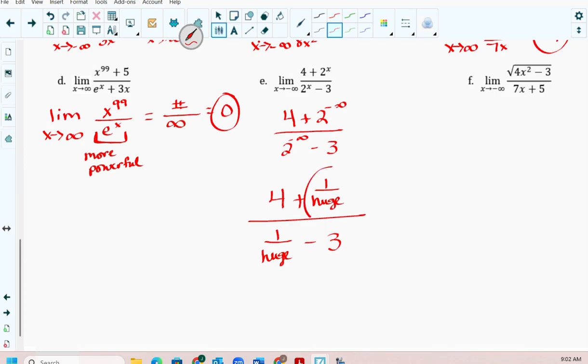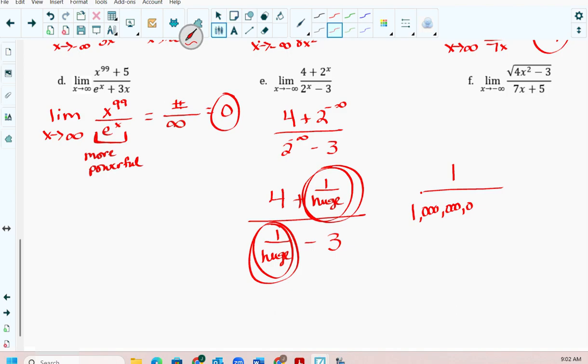Because 1 over huge is really 0. Think about it. 1 over huge. Yeah, so it'd just be 4. Right, 0. So it's just 4 over negative 3. Because you're essentially doing 4 plus 0 over 0 minus 3. I know, it's hard.